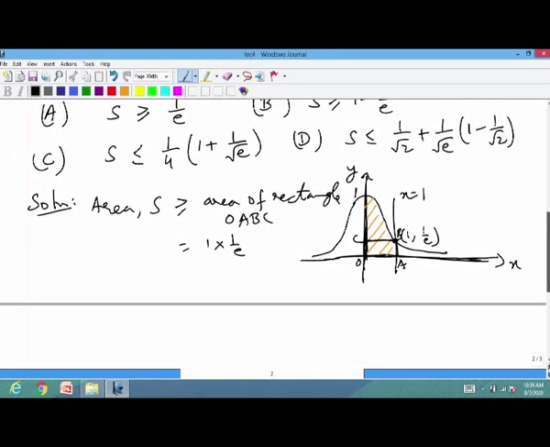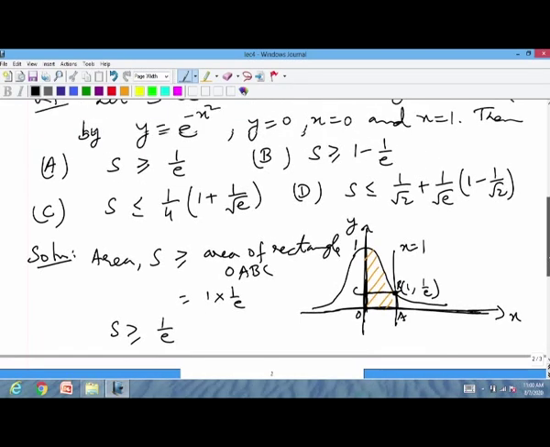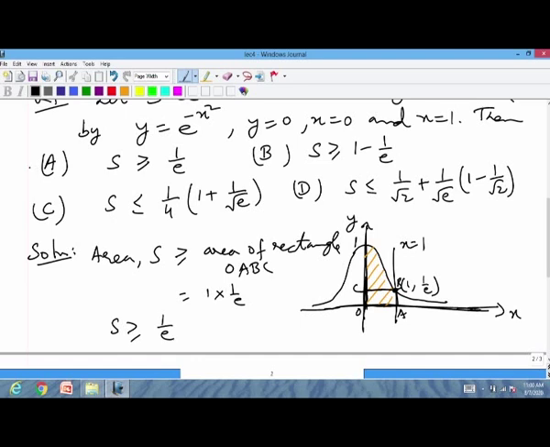So, S is bigger than equal to 1 by e is clearly correct. So, A option is correct.